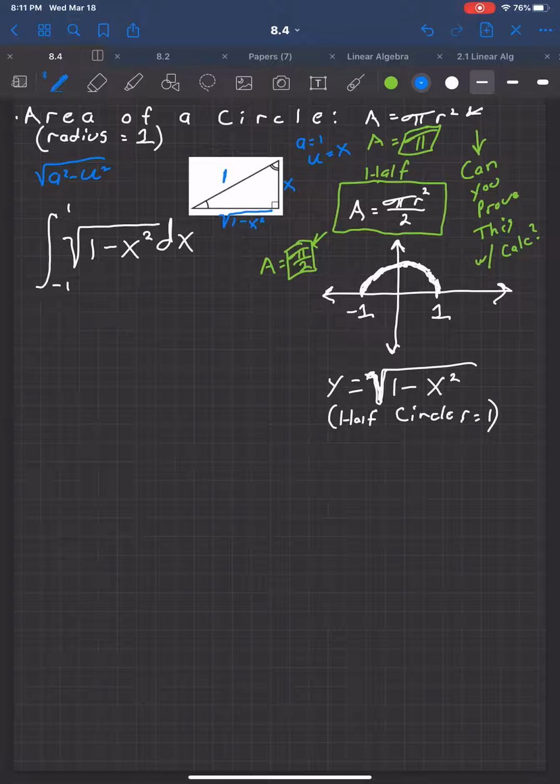Okay, and now you should pause the video and see if you can actually get through this. Don't worry about the bounds yet, because I need to do more with that. Okay, I'll say that one more time. This upper bound and lower bound of integration is actually great when you're thinking in terms of x.